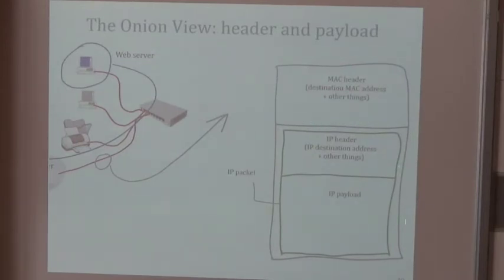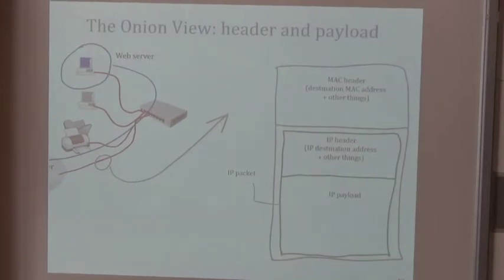Inside the payload, the word for the useful part of a packet is the payload, but the useful part of a MAC packet is typically an IP packet, IPv4 or IPv6. Practically, those are the only packets that today we transport in the MAC layer. Not always, but practically always.